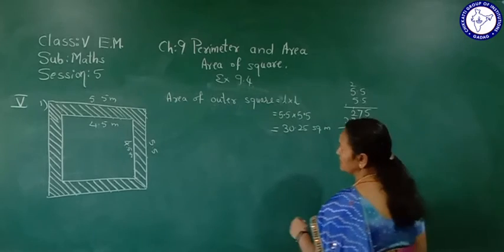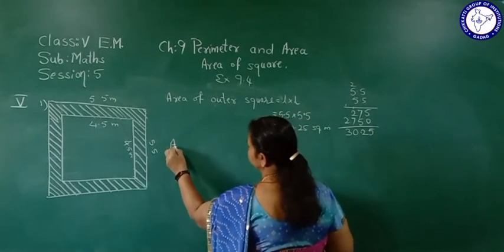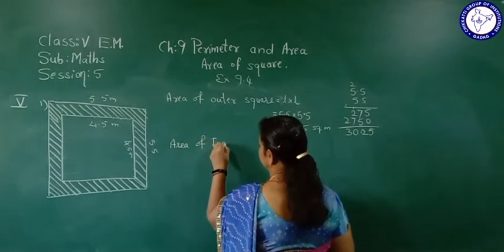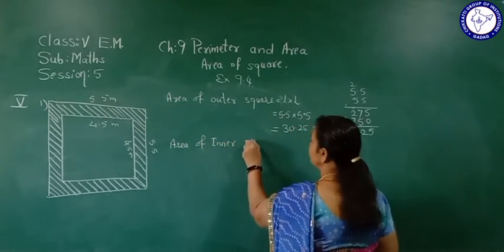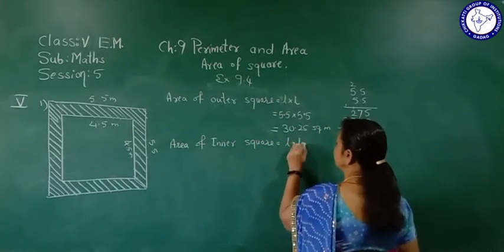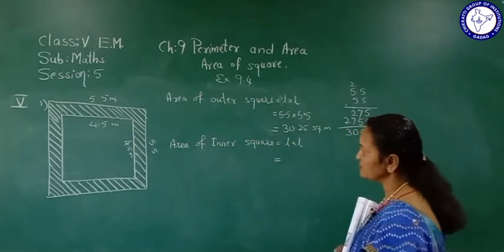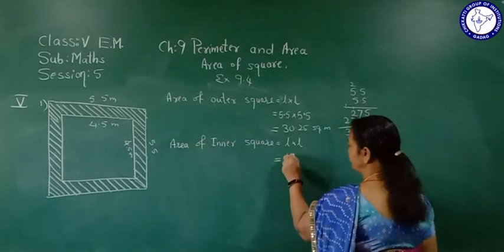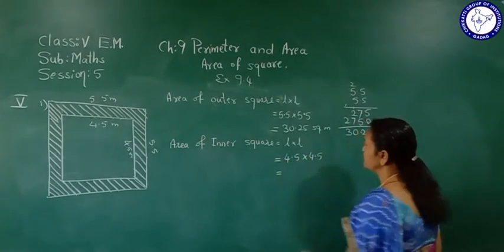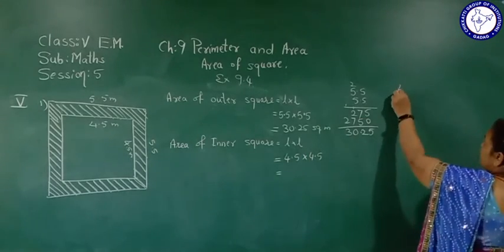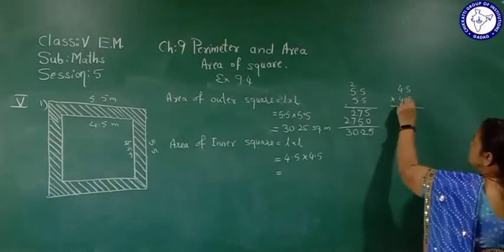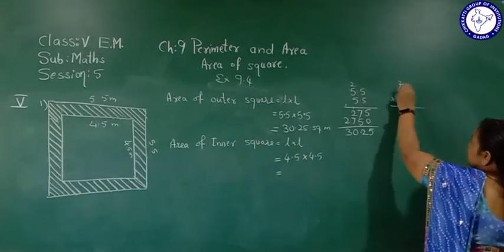Then area of inner square, again it is length into length, and length of inner square is 4.5 into 4.5, which is equals to, again multiply 4.5 into 4.5. So 5 5s are 25, carry 2.